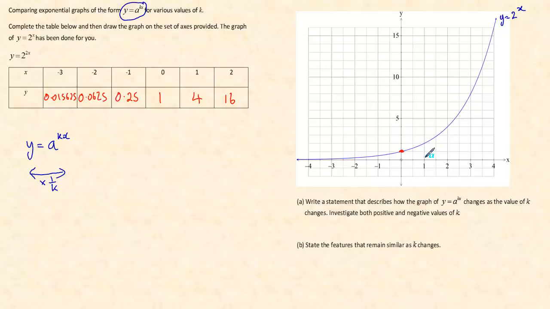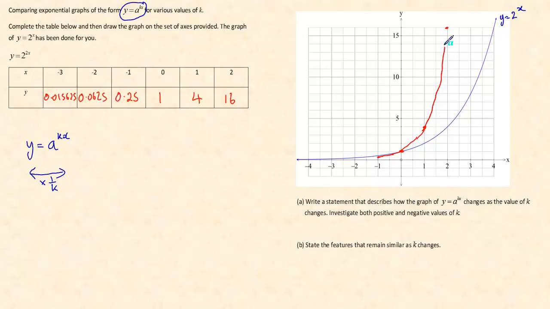Go through here. We've got 1, 4. And we've got 2, 16. And negative 1, we've got 0.25. And then it's just going to get so small we can't really plot them. So it's going to go through here, up like this.